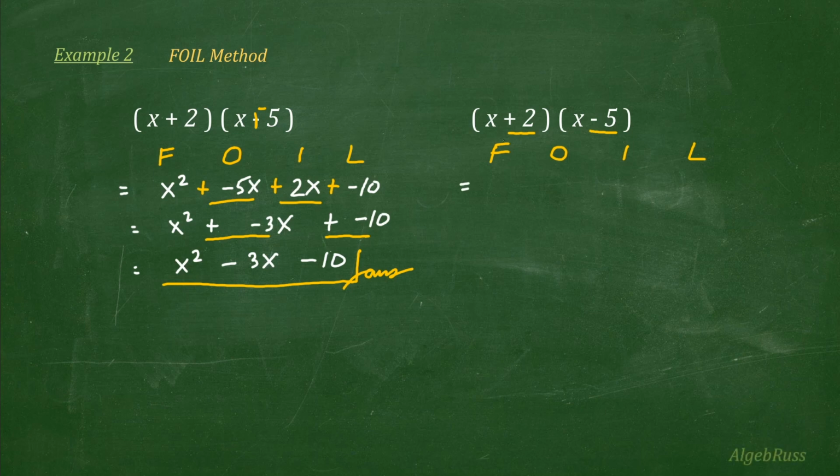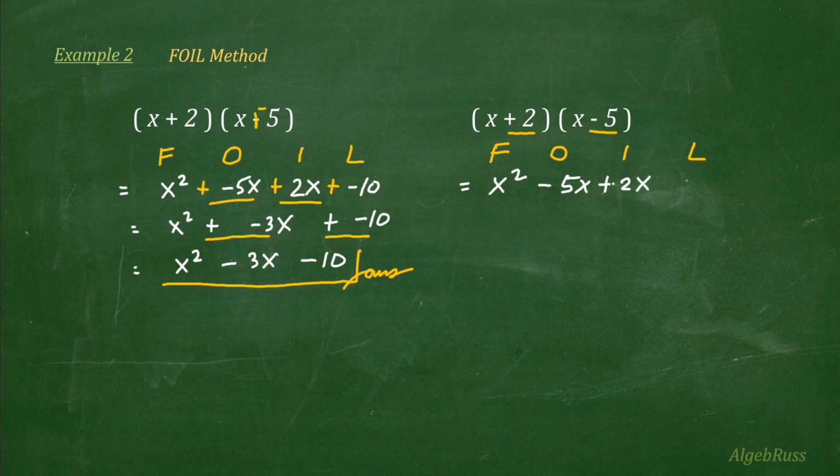So, the first terms, we have x times x is x squared. Then outer terms, x times negative 5 is negative 5x or minus 5x. They're the same. Inner terms, 2 times x is positive 2x or the same as plus 2x.